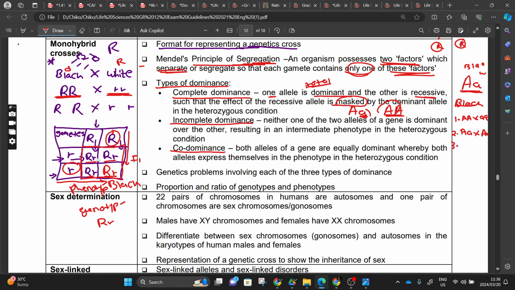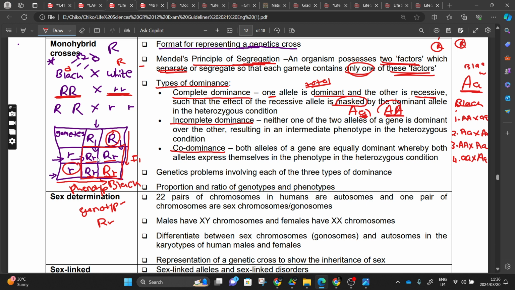Number three, a homozygous dominant crossed with a heterozygous. Number four, a homozygous recessive crossed with a heterozygous. These are the four types under complete dominance.